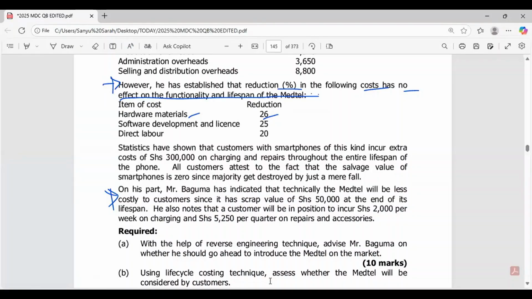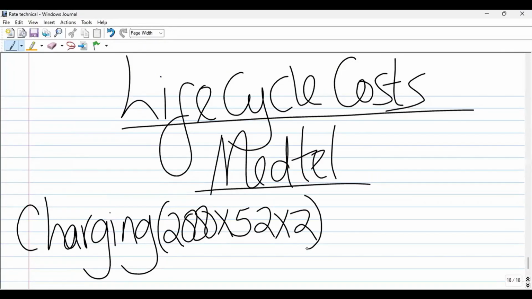There are 52 weeks in a year, so with 2 years, that means 52 times 2, which is 104 weeks. How much is that? 208,000 shillings.